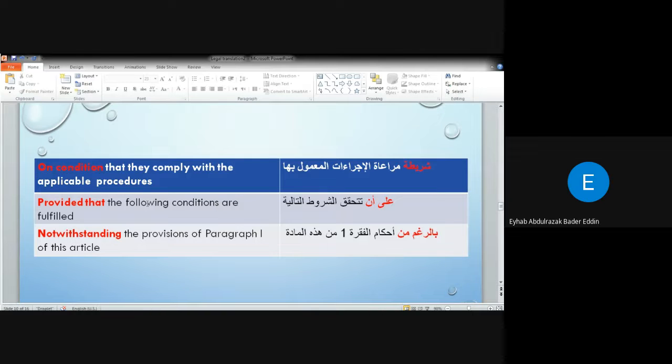The following conditions, this is the subject, and are fulfilled is the verb. So we have full sentences after on condition and after provided that. So it is not important to know only what each word means, but you have to know how to use it. Okay?